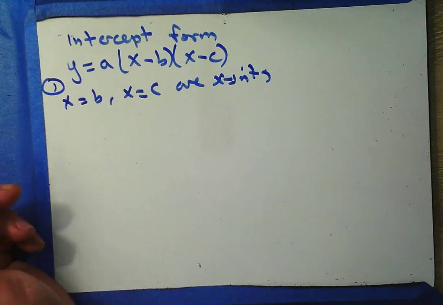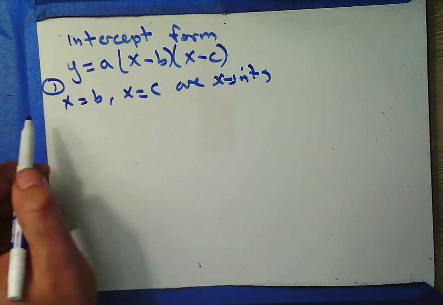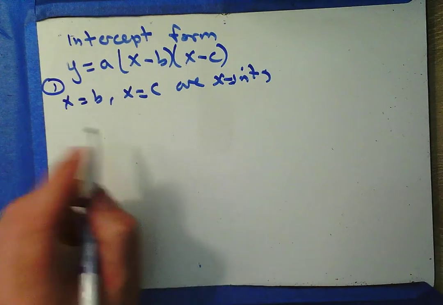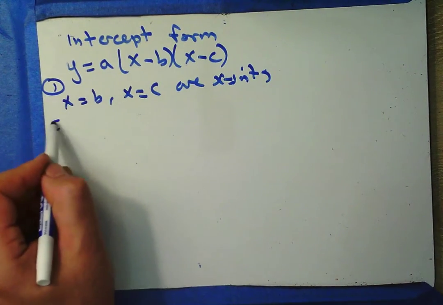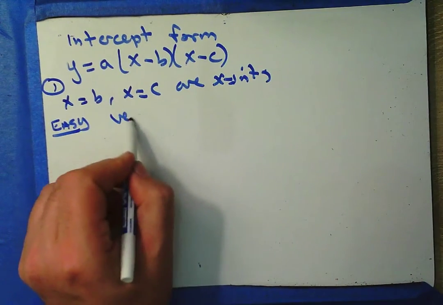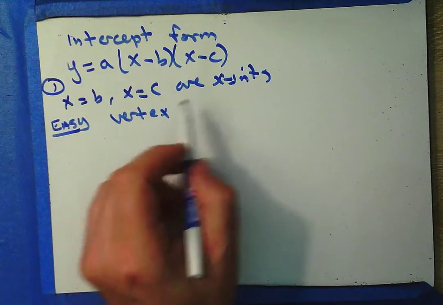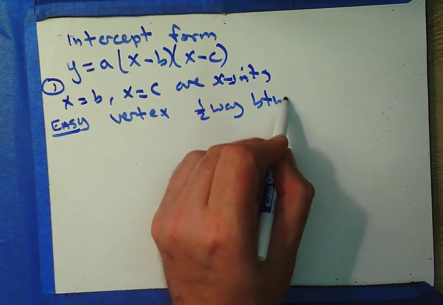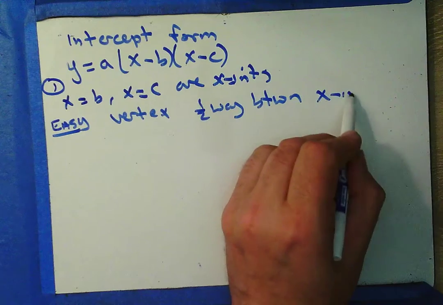And we've got 2 choices that are easy and easier. Easy would be, let's find the vertex. We know that the vertex must be halfway between the x-intercepts.